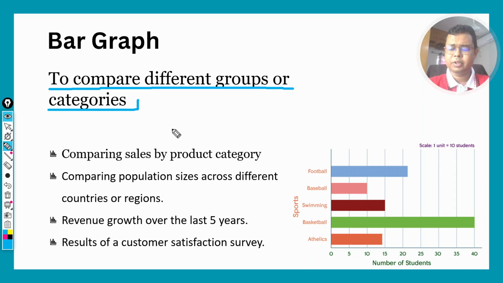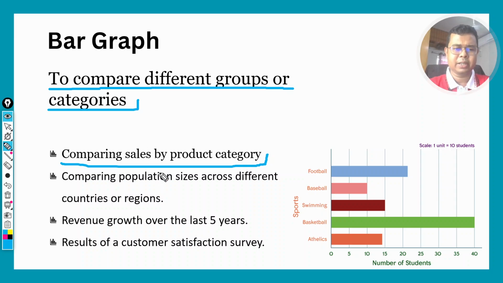For example, if you think about the business domain, you can compare sales by product category. For example, you have some products XYZ or ABCD, and you would like to compare the sales of those products, which products sold the most, the medium, and the least.